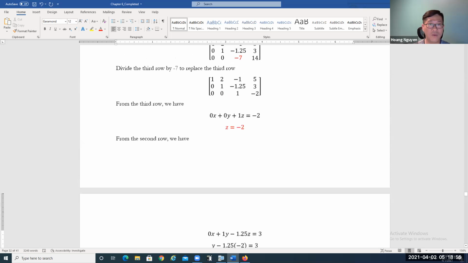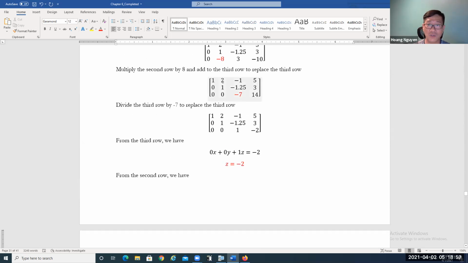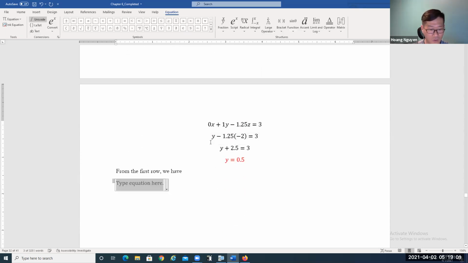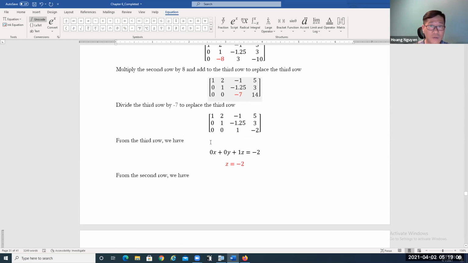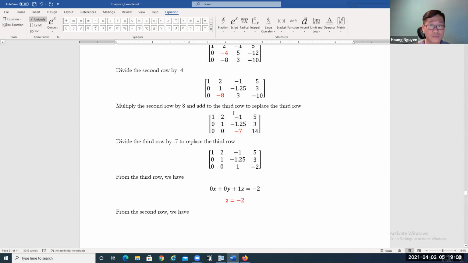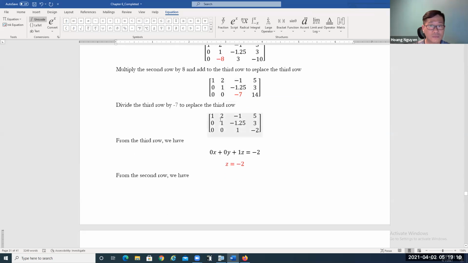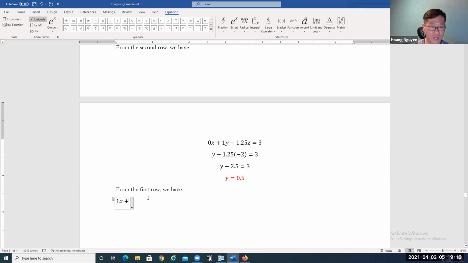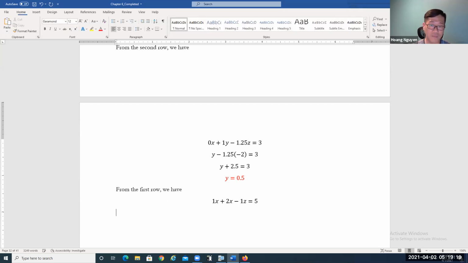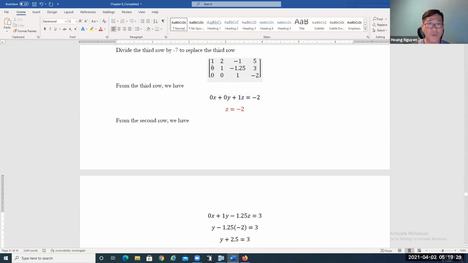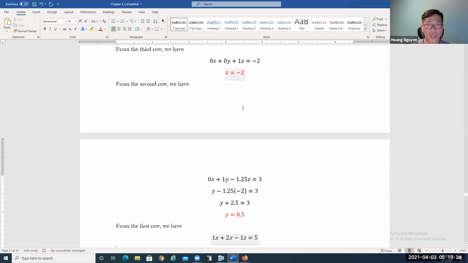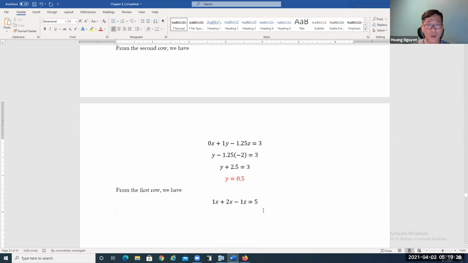So from the first row, what do we get? 1x plus 2y minus 1z is equal to 5. Make sure that I got everything right. 1x plus 2y minus 1z is equal to 5.